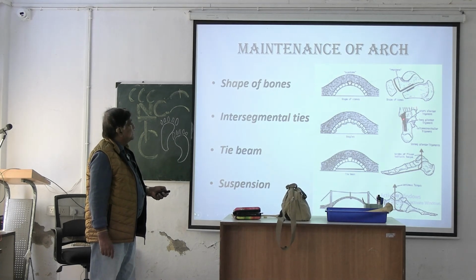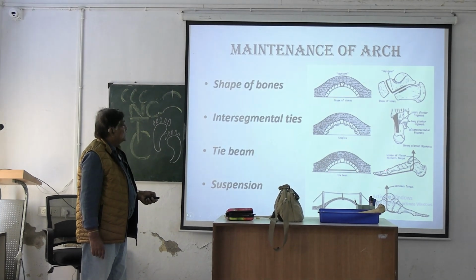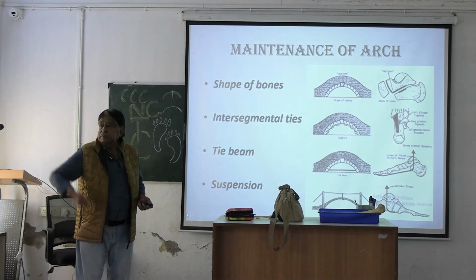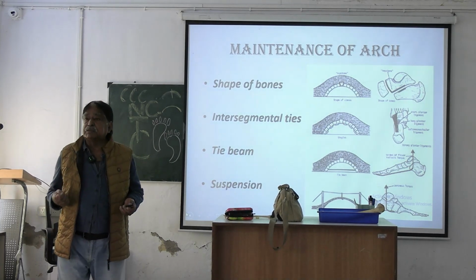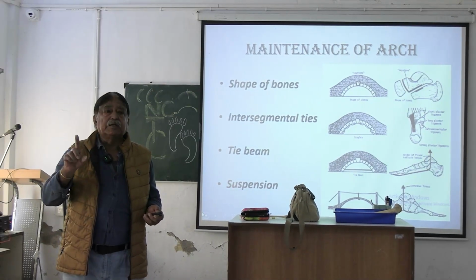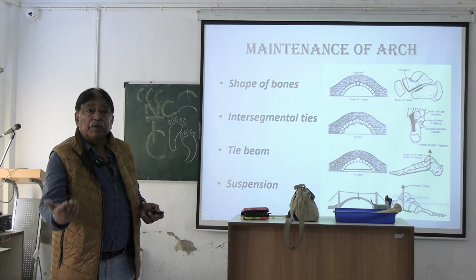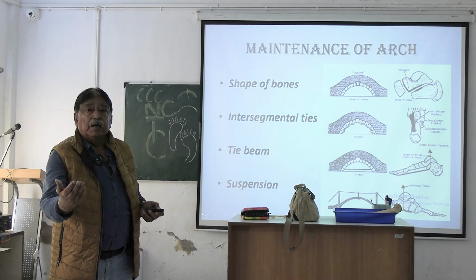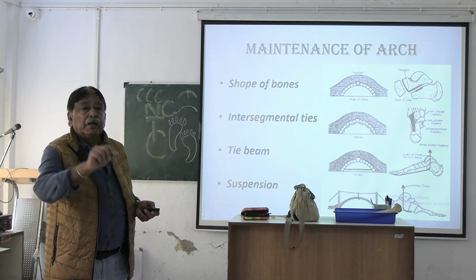Intersegmental ties. Tie beam, it's a tie beam here. This is the tendon of flexor hallucis longus. That is the tie beam. Hallux is the great toe. The tendon comes through the sole and is inserted on the head. Okay.